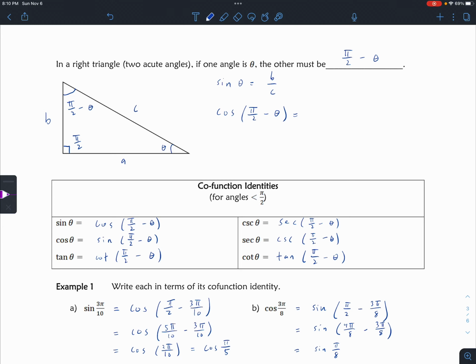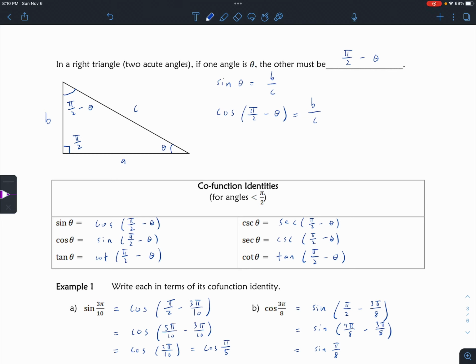The adjacent side here is B, and the hypotenuse is C. So notice it's the same thing as sine of theta. Cosine of pi over 2 minus theta is equivalent to sine theta.